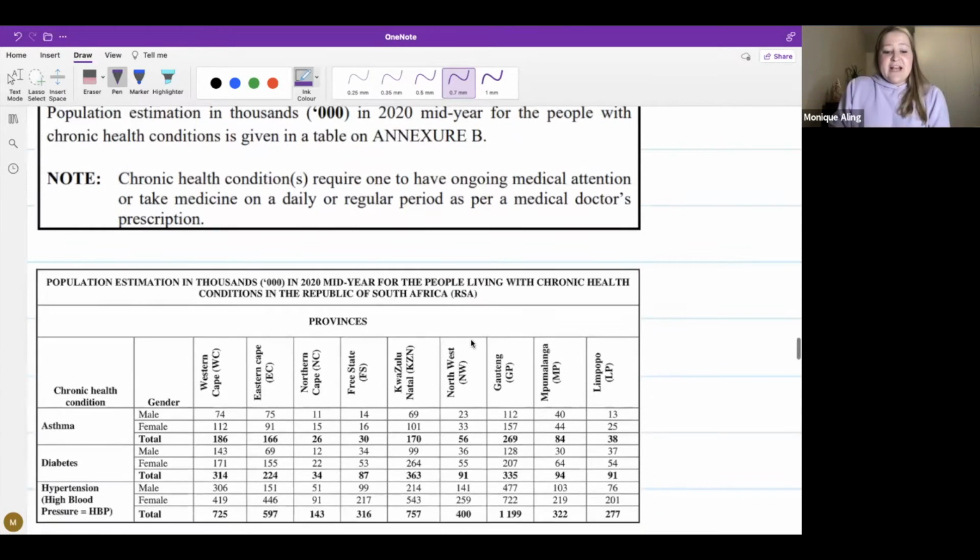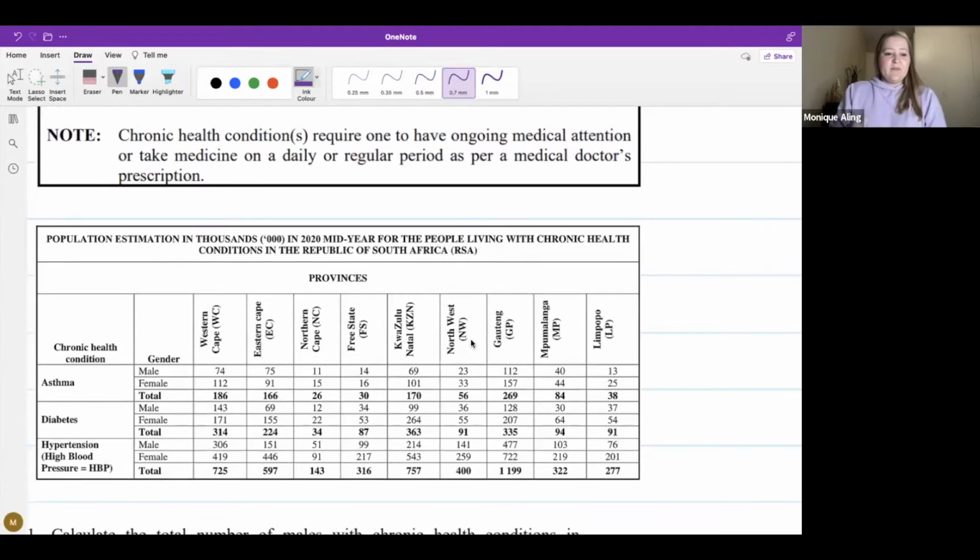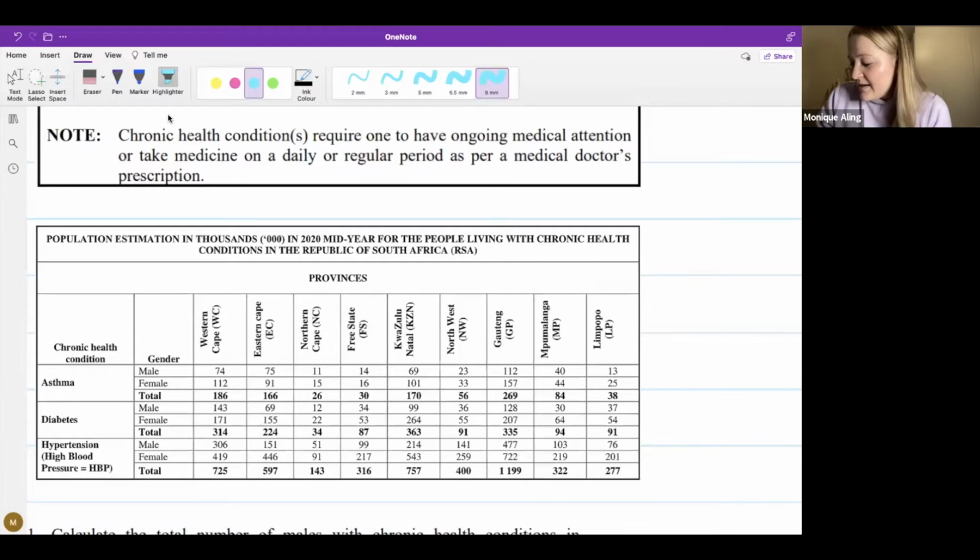Looking at the table here, it's always important to read the heading: population estimation in thousands in 2020 mid-year. The key thing to take note of is that these numbers are in thousands.